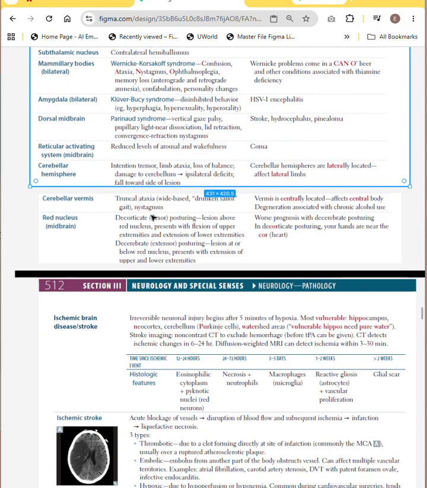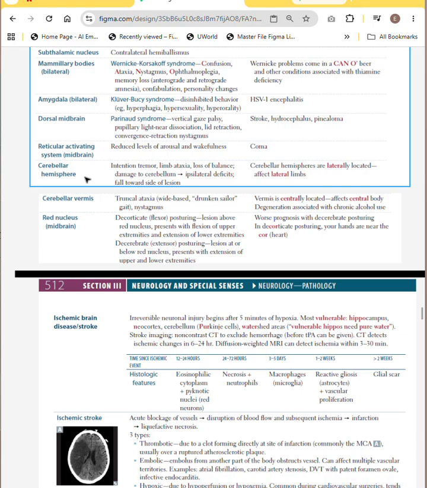Then we have the cerebellar hemispheres. We have two cerebellar hemispheres on both sides, right? Cerebellar hemispheres are basically controllers of the same side. The cerebellum controls the same side, unlike the cerebrum. It's not crossed, right? The same cerebellar side controls the same side of the body. A lesion of the cerebellar hemisphere would cause ipsilateral intention tremor, ataxia, dysmetria, loss of coordination.